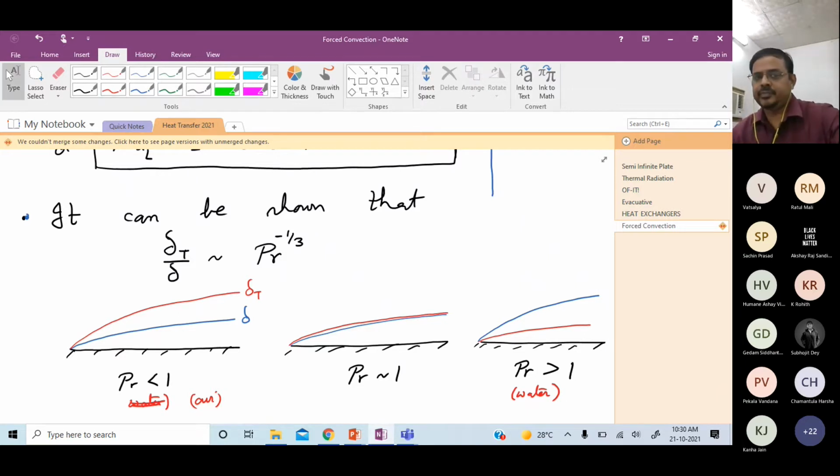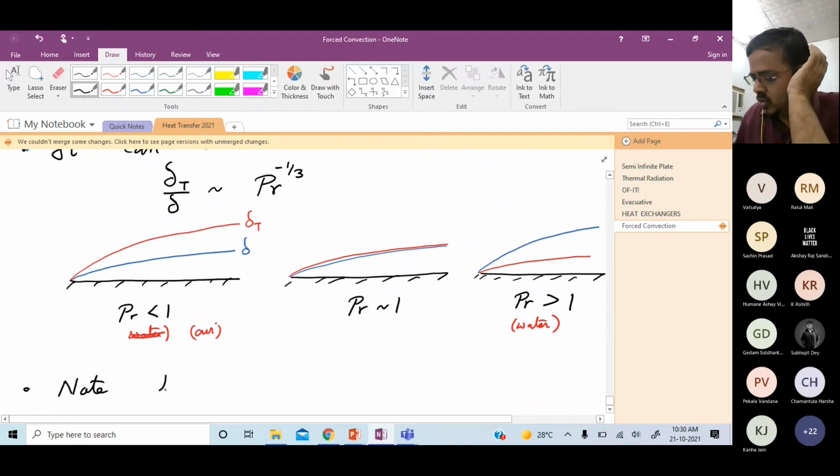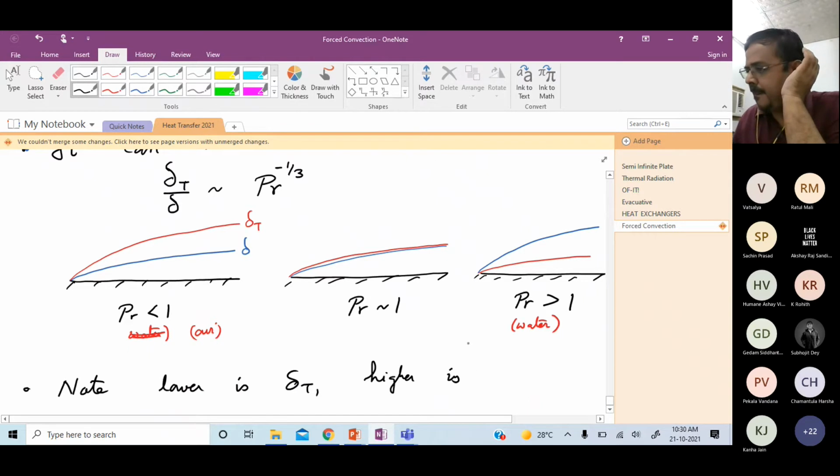Okay. Other thing to note, lower is delta T. We have already talked about that. Higher is H. Why?